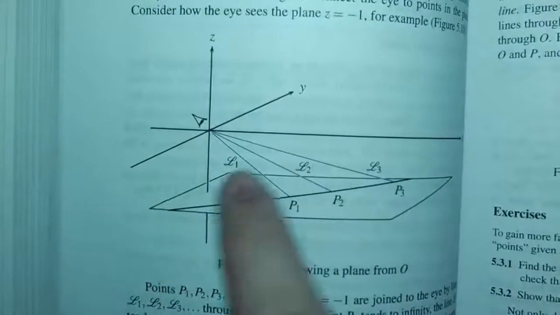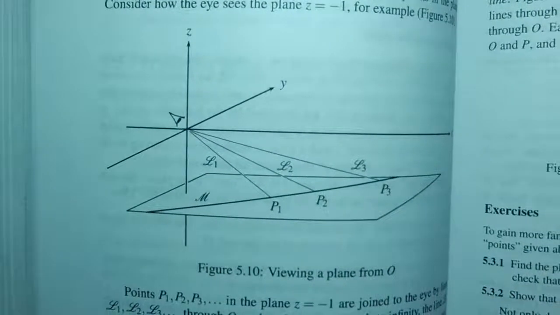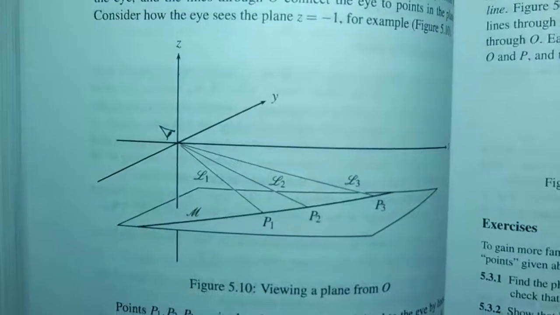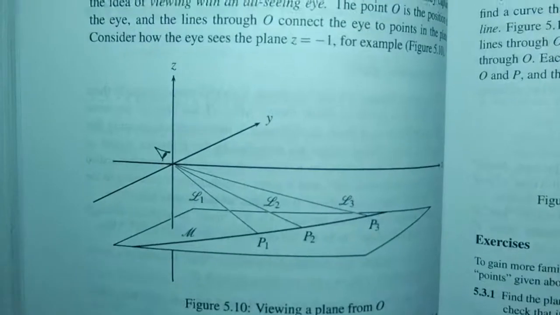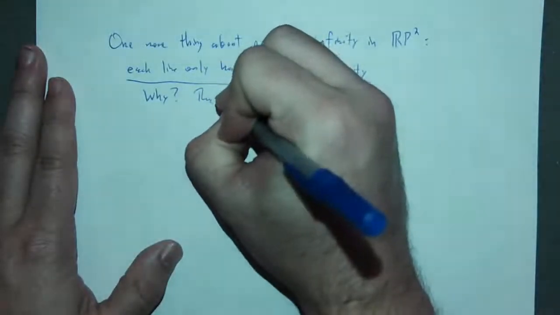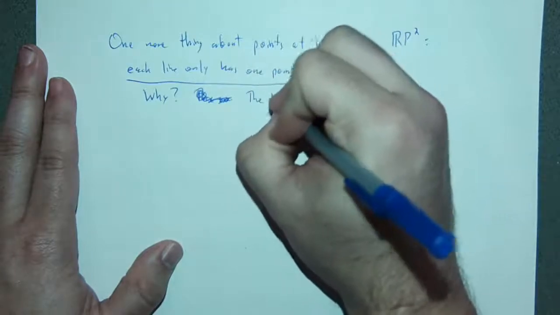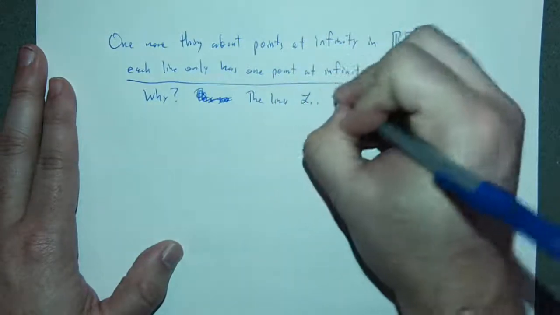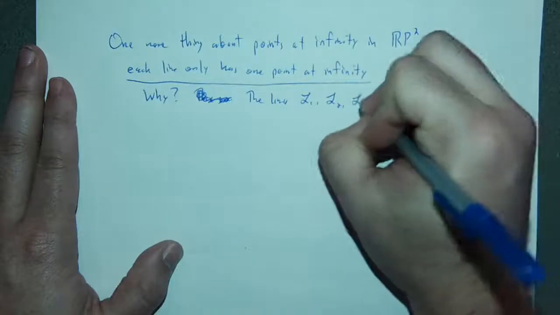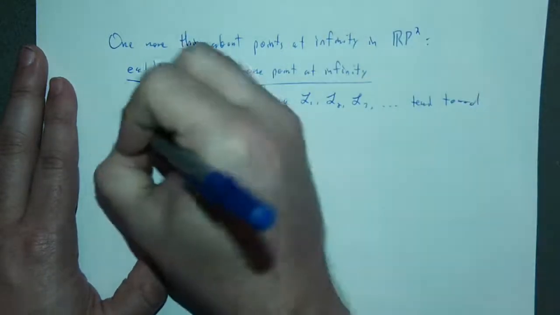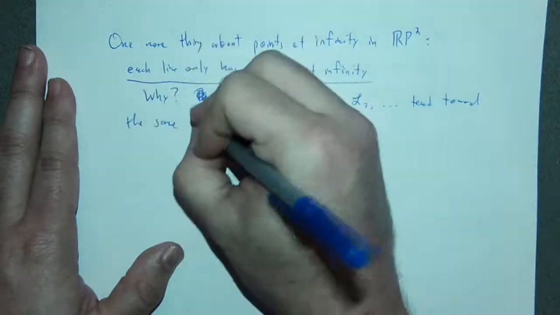The horizontal line that these vision lines converge to is the same horizontal line, i.e. it's the same point at infinity. So the lines, say L1, L2, L3, and so on, tend toward the same horizontal line.